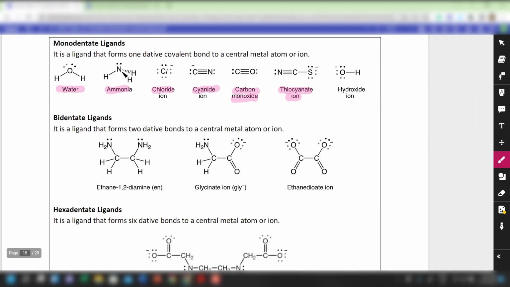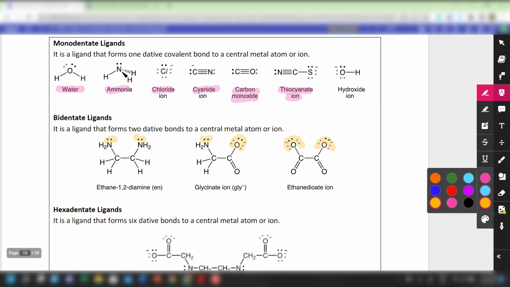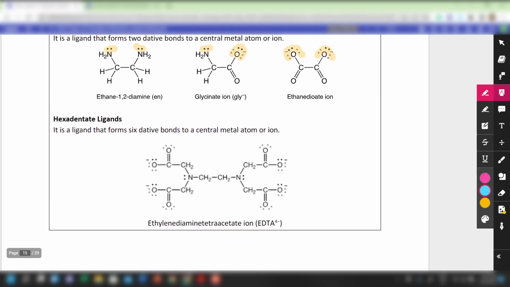For bidentate ligands, there are two coordinating sites. What are the two coordinating sites? Over here, the two amino groups; for glycinate it will be NH2 and carboxylate; and for ethane diol it will be this and this. Then we have a hexadentate ligand. Where are the coordinating sites? It's over here, here, here, here, here, and here.